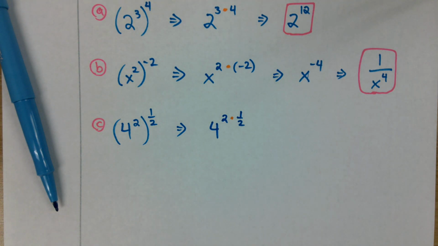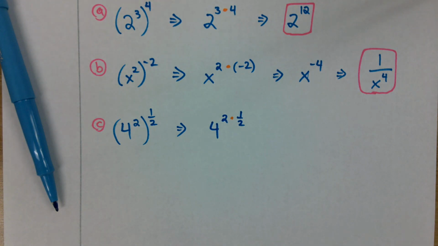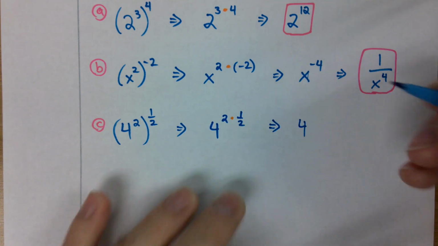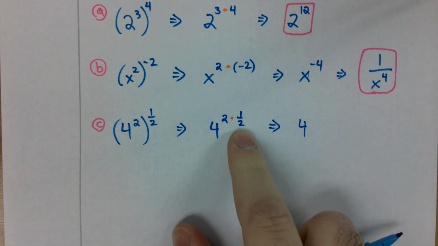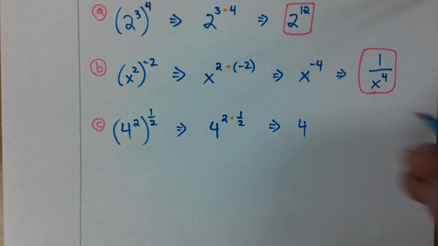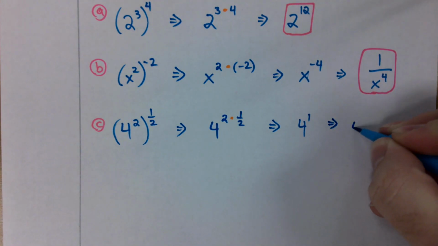Okay, so the fraction looks scary, but we didn't do anything different. We did the exact same thing. What's 2 times 1/2 equal to? 1, right? Half of 2 would be 1. 4 to the first power, which is equal to just 4.